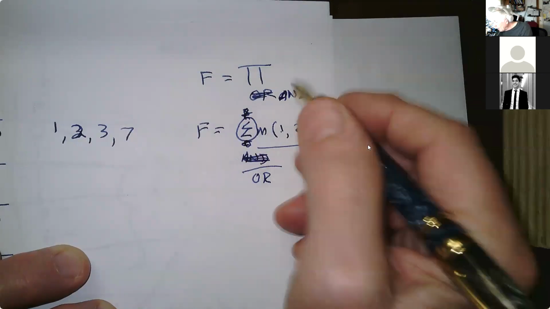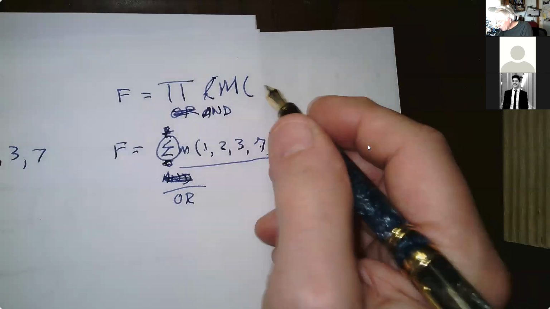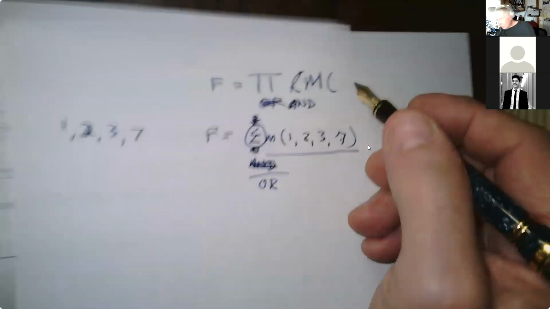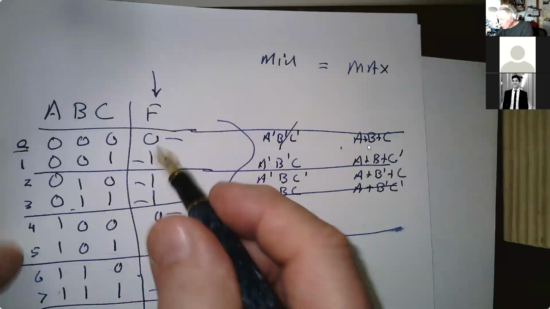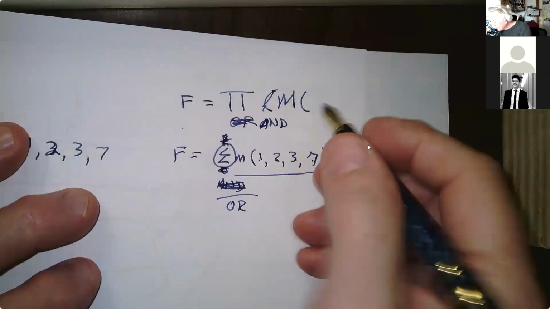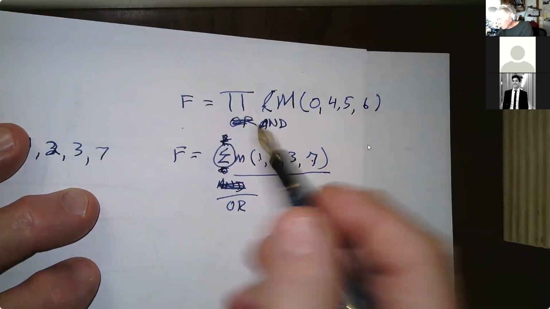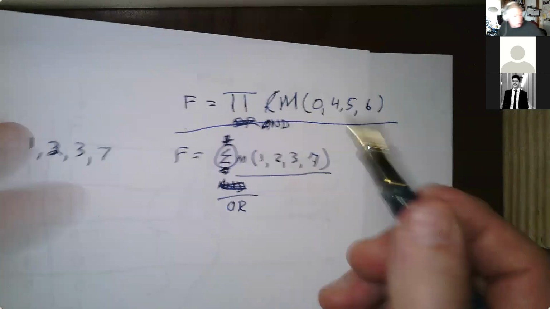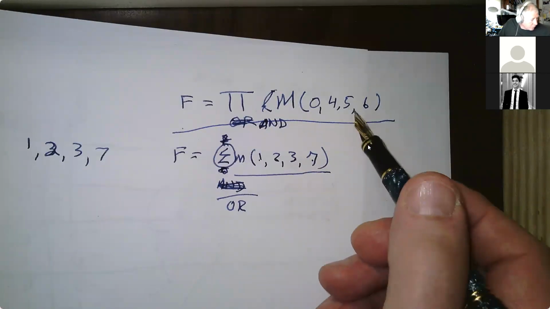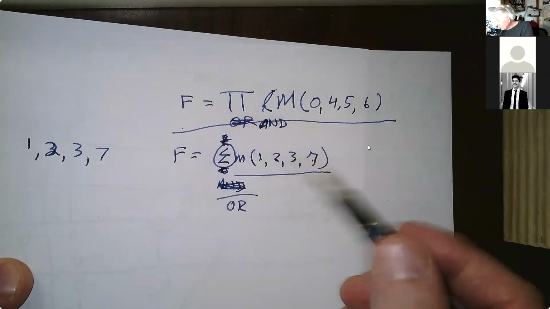In the case of the max terms, we use a capital M. In this case we would have max terms 0, 4, 5, and 6, so capital M 0, 4, 5, and 6. That's the max term shorthand notation, and this is the min term shorthand notation.